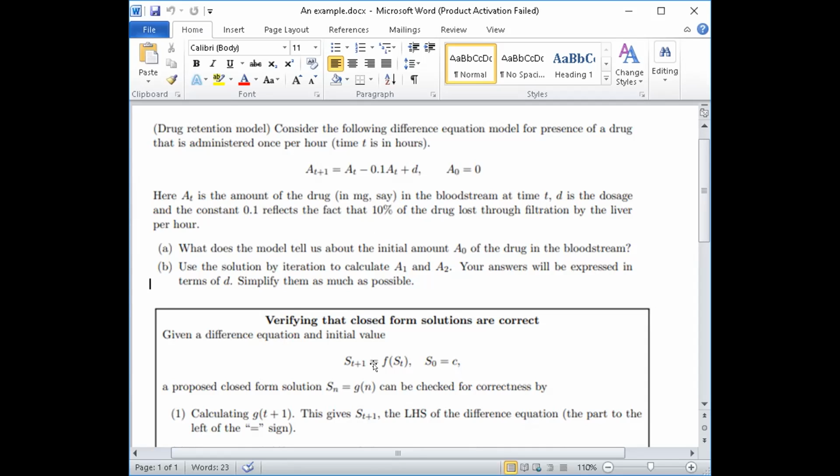So what does the model tell us about the initial amount A sub 0 of the drug in the bloodstream? There is no drug at the beginning. So now you start the process. Now you take the drug.